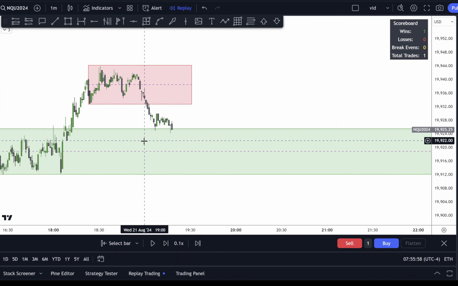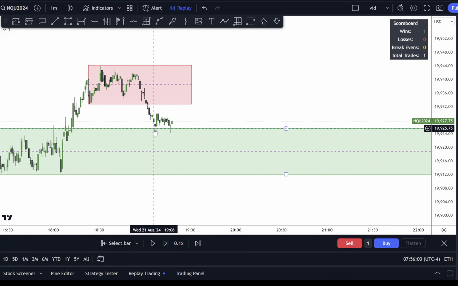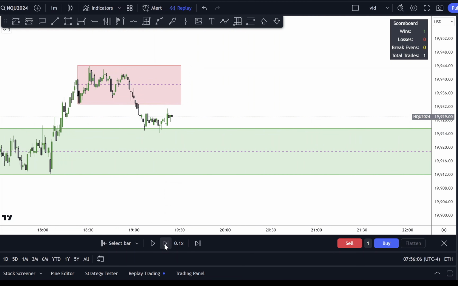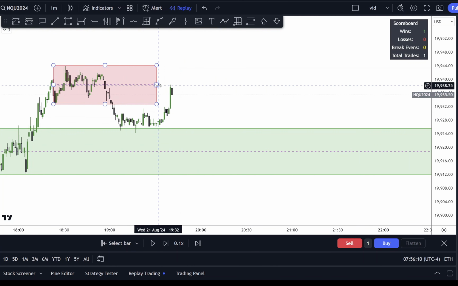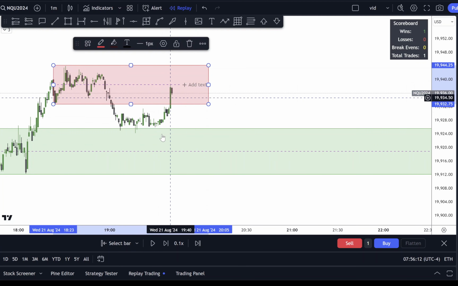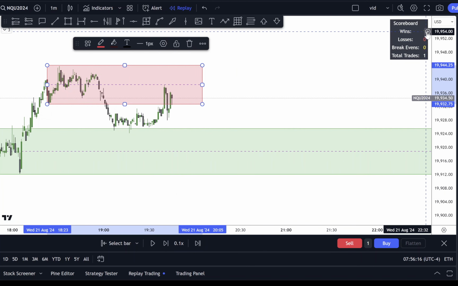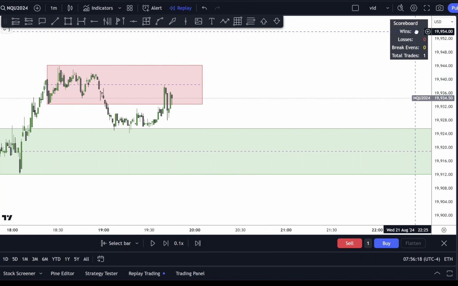Okay, so this is a valid pullback, right? Because we closed above this one. So if we close under, it's a new zone. No close as of yet. So we are tagged exactly at this 50%, and that's our second win.